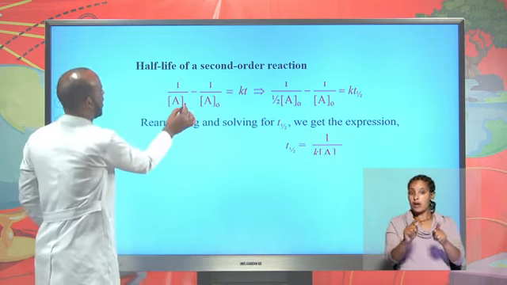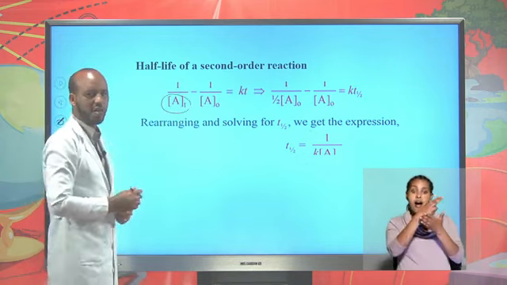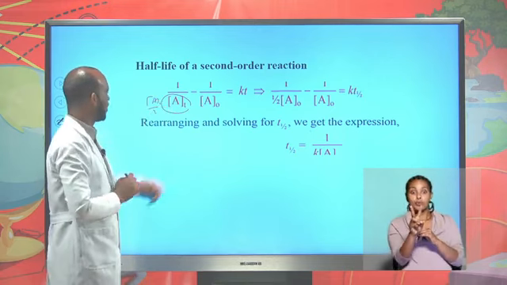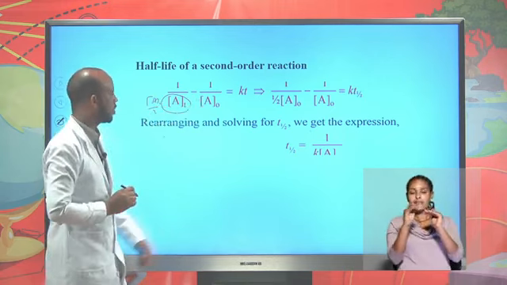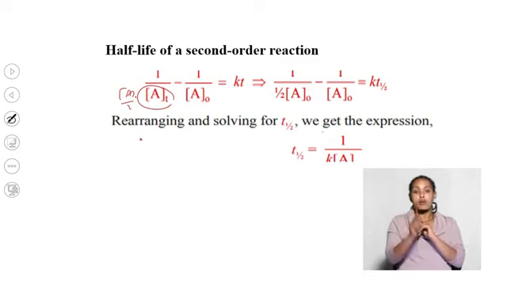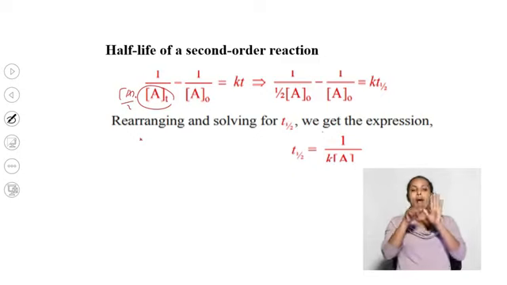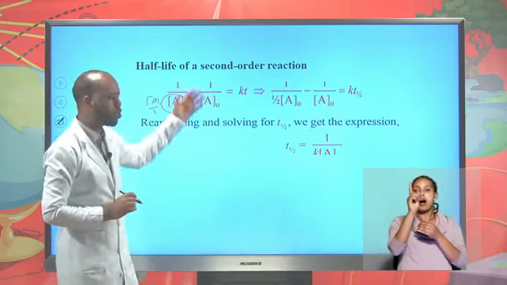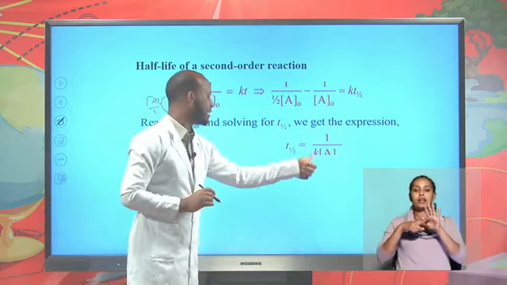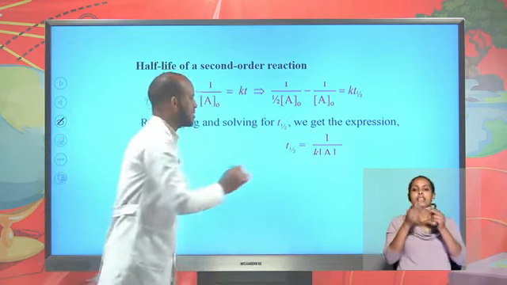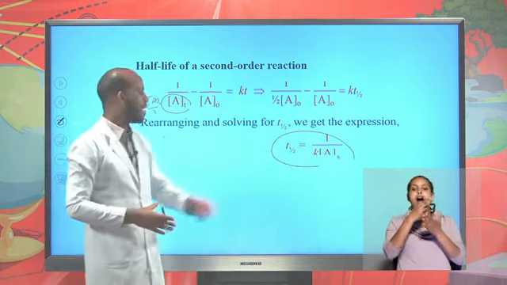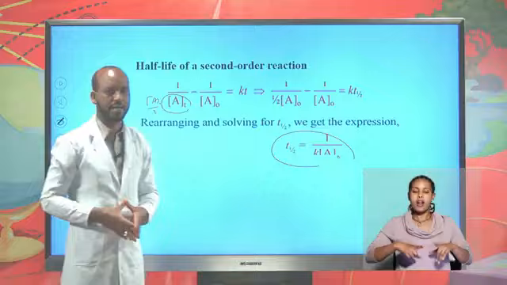When the concentration of A is half its initial concentration, A naught divided by 2, this equation becomes 1 over A naught divided by 2 minus 1 over A naught equals K times T half. Therefore, the half-life time for a second order reaction is 1 over K times initial concentration A naught.